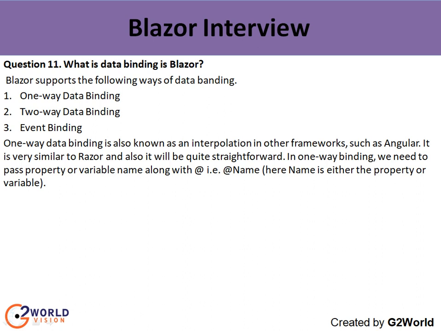It is very simple in Razor and quite straightforward. In one-way binding, we need to pass the property or variable name along with the at sign, where name is either the property or a variable.